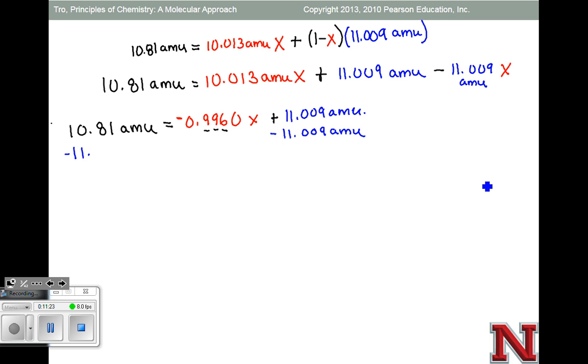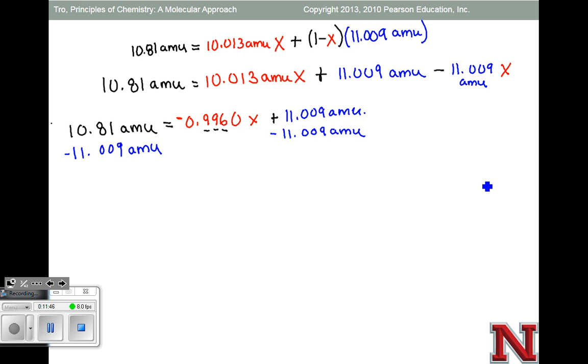Now I know I'm not fully explaining algebra here. That is not what I'm here to do. I'm here to teach you chemistry. So if you're having an issue with algebra, please come to my office hours or go to tutoring for it. That's not the goal of this class to necessarily teach you how to solve algebraic equations, but I'm fully willing to work with you on your own if you need to.